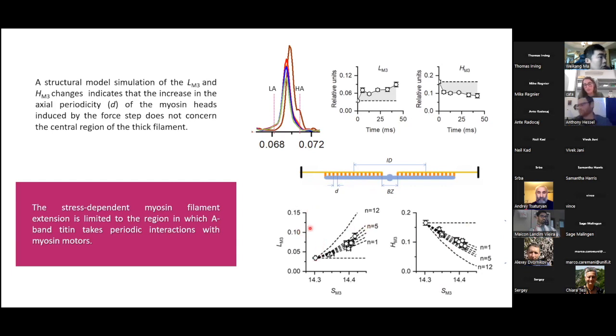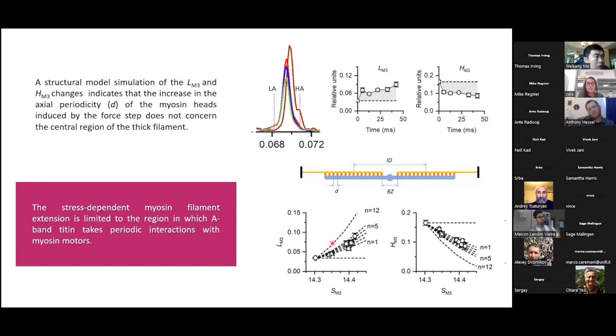So a simulation from the LM3 and HM3 spacing relation is built, in which different extents of the thick filament are assumed to contribute to the increase in spacing, with n equal to 1 representing the first layer near the bare zone, n equal to 2 the second one, and so on.